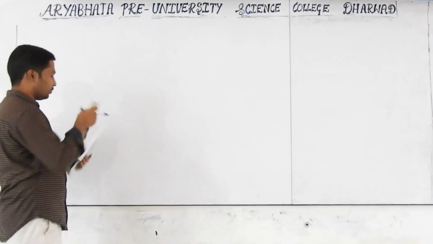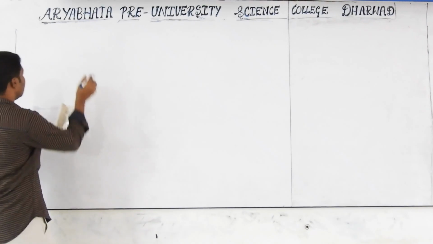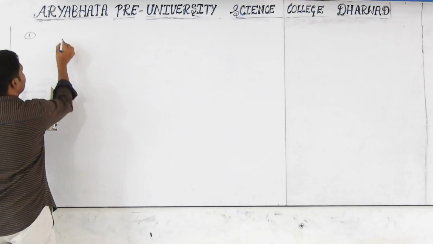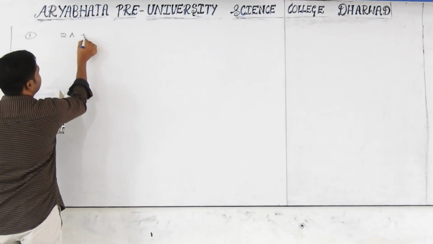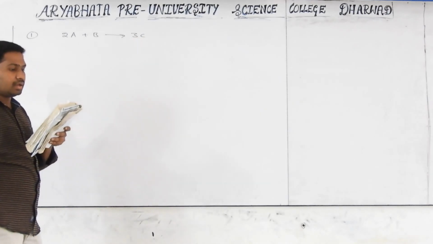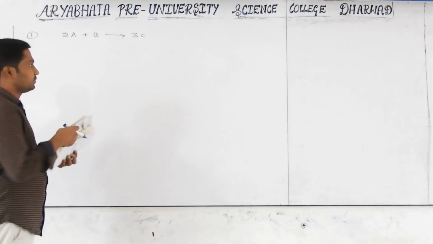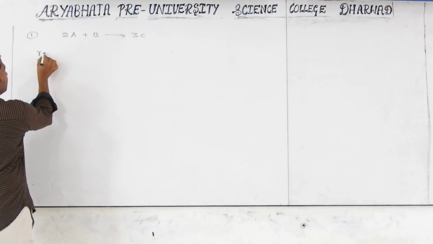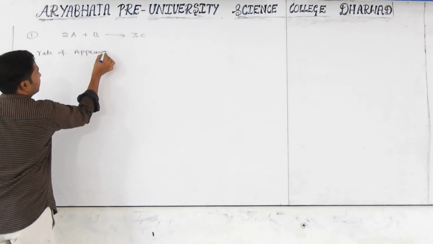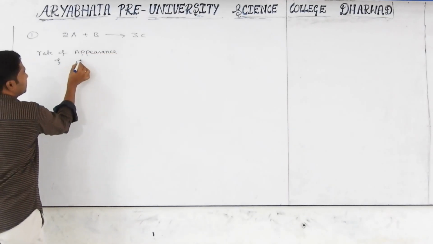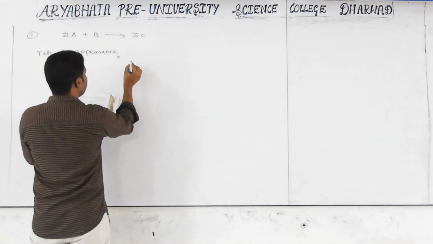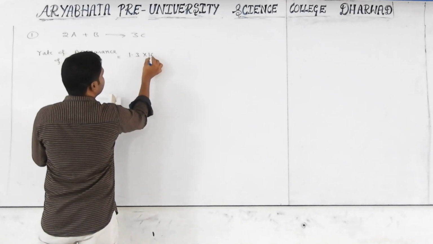See the question. First question: given one elementary reaction, 2A plus B gives rise to 3C, and the rate of appearance of C is given as 1.3 into 10 to the power of minus 4.